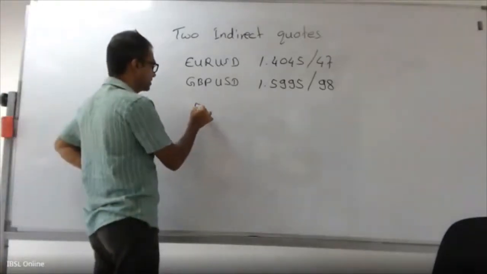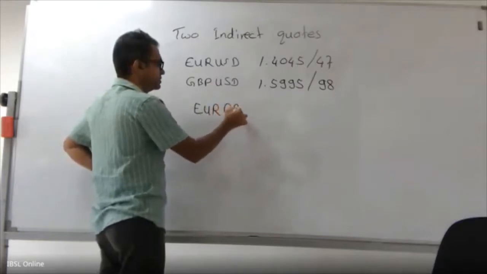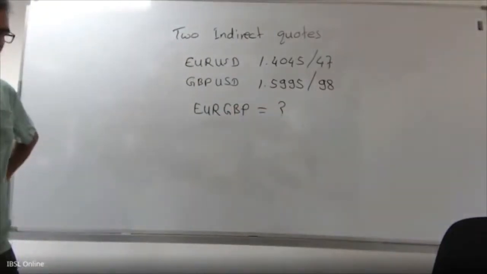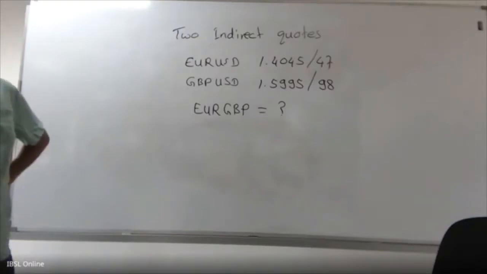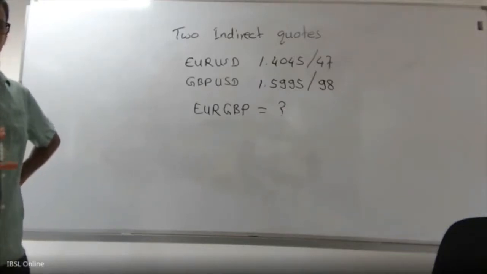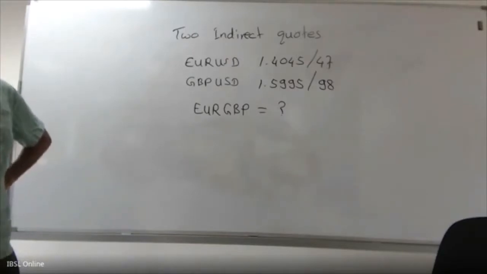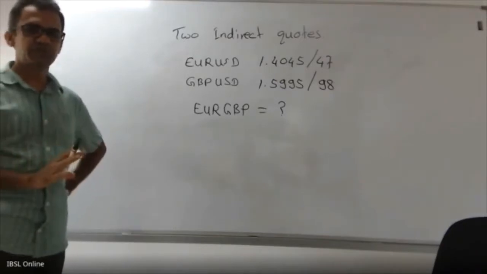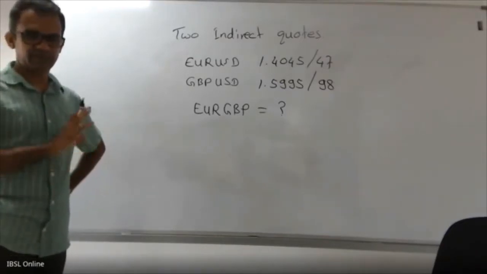What we have to do is find out the exchange rate between Euro and GBP. Remember, whenever you express an exchange rate of cross currencies, generally the strong currency would be considered the base currency, except where the euro is involved. When the euro is involved, by the statute they established when they introduced the euro, the euro should be the base currency, irrespective of the other currency.